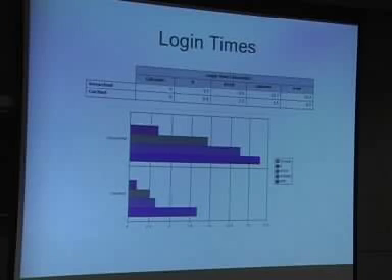To log in on a fresh machine just after you boot it: 3.3 seconds for E, XFCE 9.5, GNOME 13.7, KDE 16.4. This is, remember, on a 1.83 gigahertz dual core Core 2 Duo box. This is not a 336 meg Geode OLPC box. I did actually do some testing.